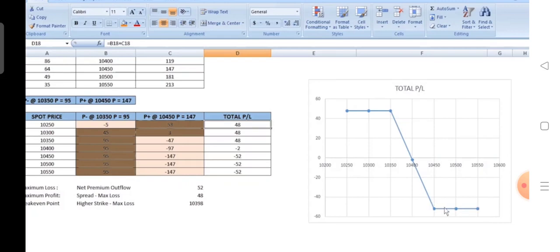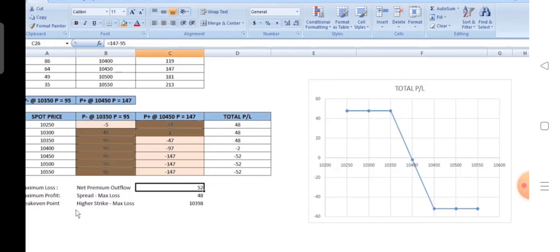So this strategy has a fixed loss and fixed profit. The maximum loss which can be incurred from this strategy is the net premium outflow, which is 147 minus 95, giving a total of 52 rupees.